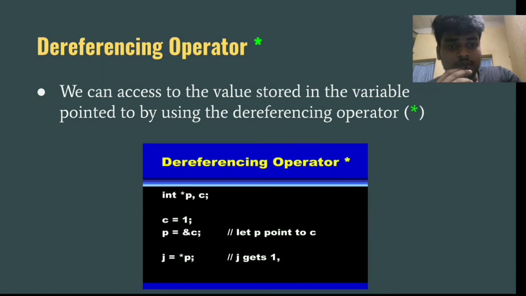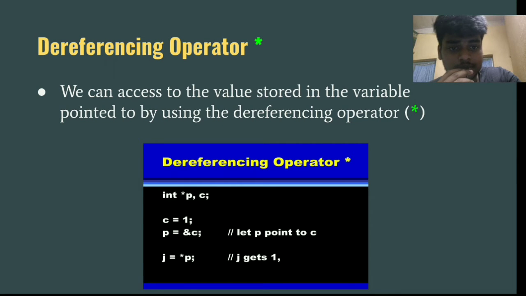So p equal to ampersand c means p will get the address of c, and it starts pointing to c. But to get the value of c, which is 1, we have to use star p, I mean the dereferencing operator before p, and here j equal to star p means j gets the value of c, which is 1.